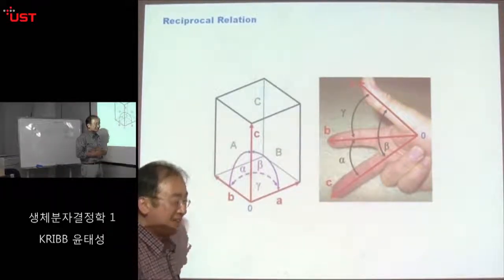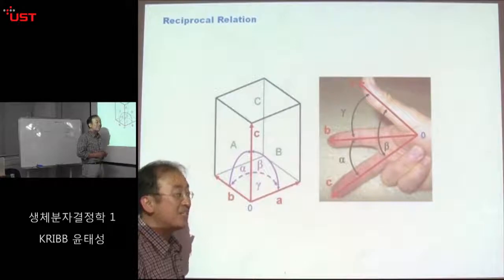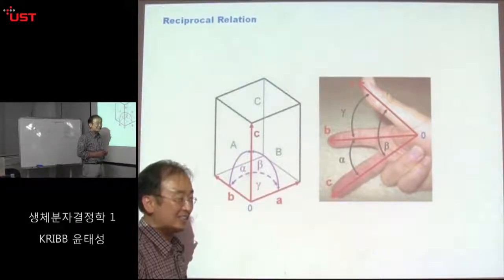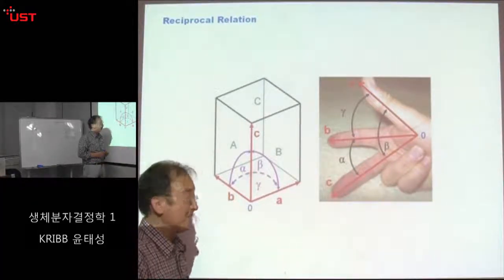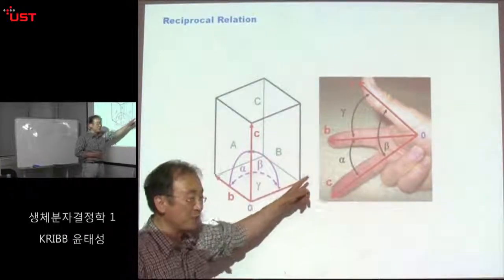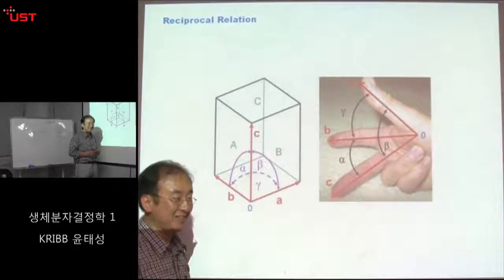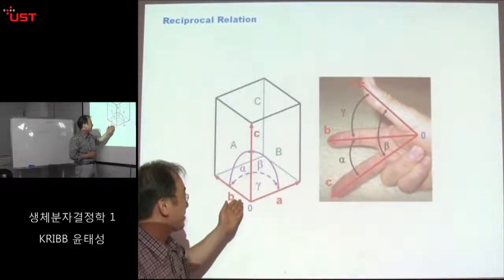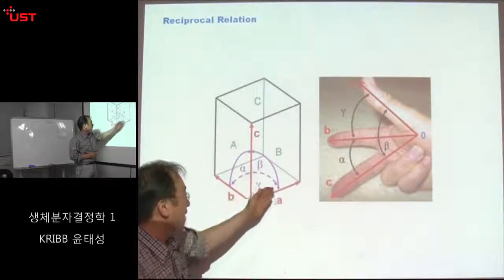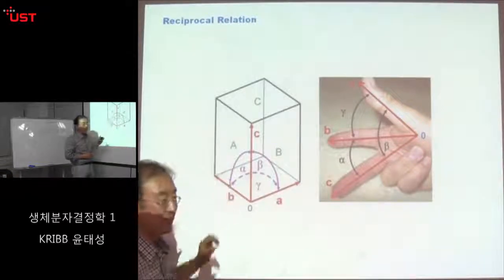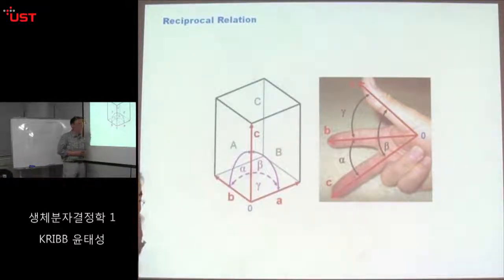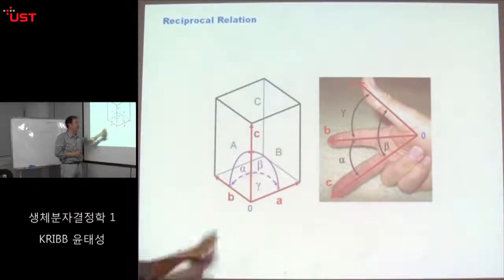To be a crystal, we should have some periodicity. If you have periodicity along one direction, that will be called a one-dimensional crystal. If you have periodicity along A and B in plane, it will be called two-dimensional.